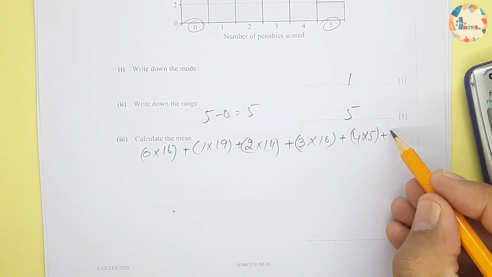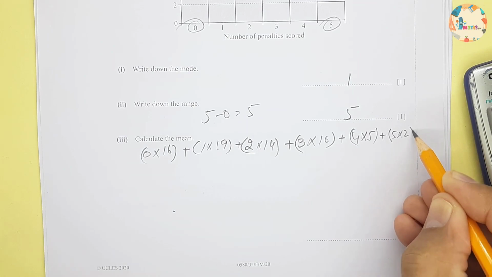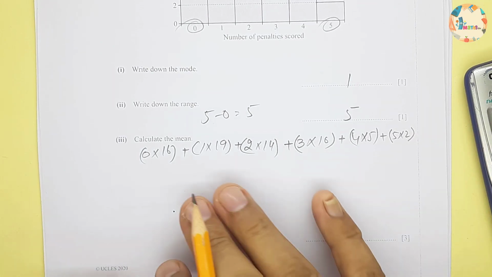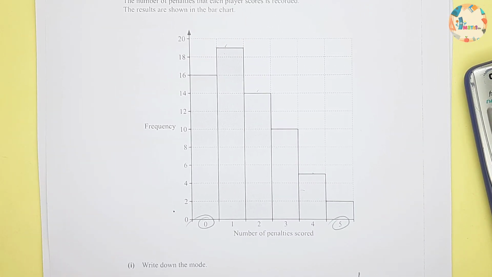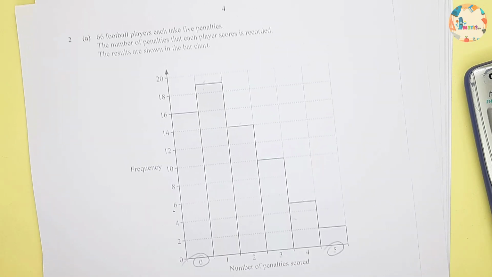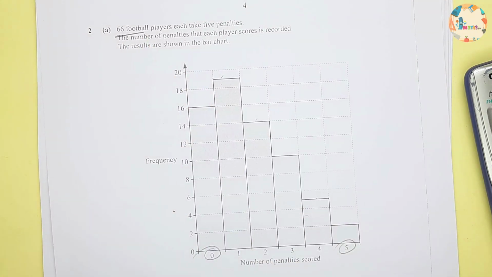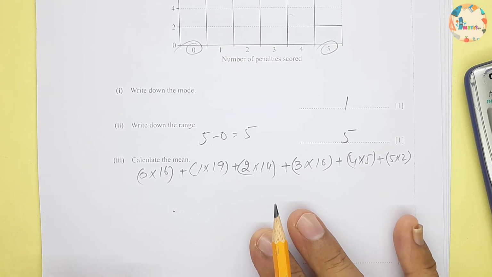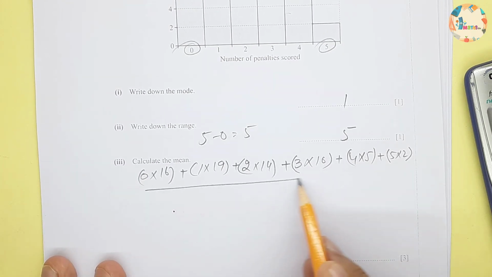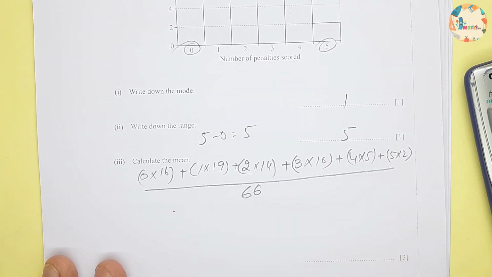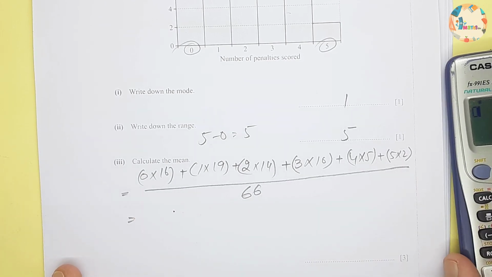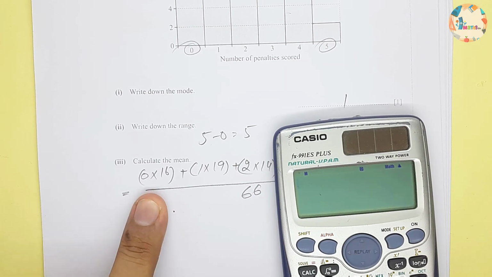Total number is what? Total number is 66 football players. It's given in the question. So we'll divide this whole by 66. We can take fractions.